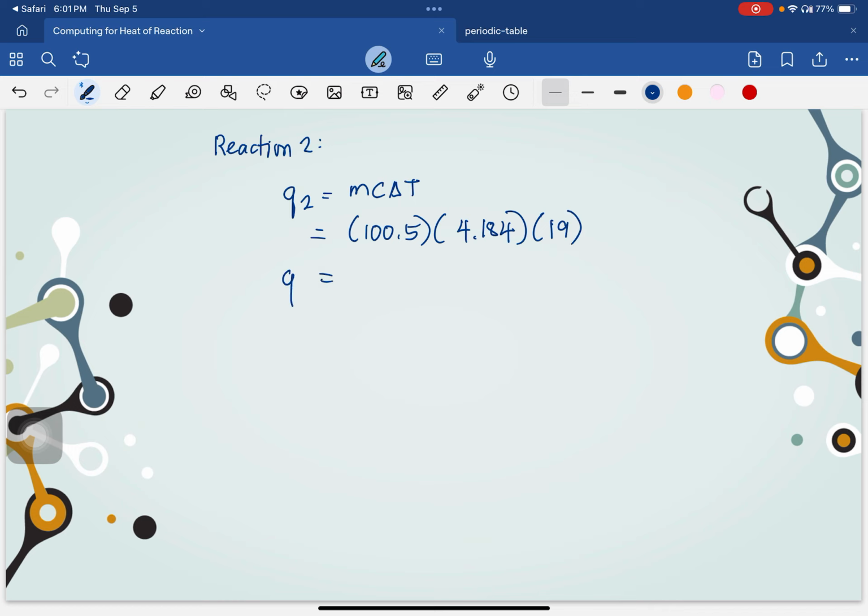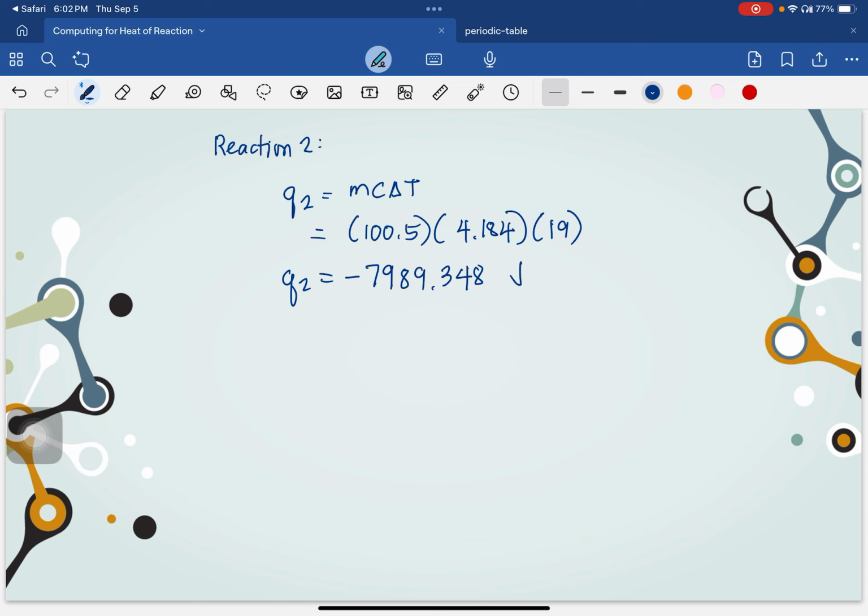So just compute Q2. So Q2 now is 100.5 times 4.184 times 19. So we're getting 7989.348 to be exact. And then this is again negative. So this is also in joules.